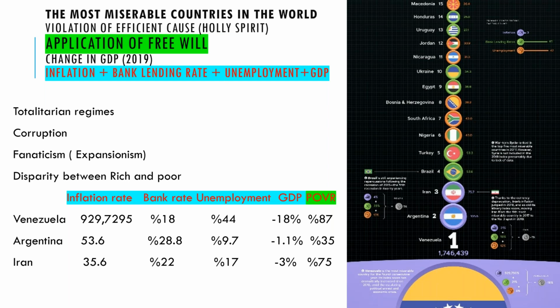Now you see the consequences of violating the Holy Spirit, violating the efficient cause. Iran is, I believe, the 4th largest exporter of oil, and in the demise that they're in, it relates to the same problems. Expansionism. They want to force their ideas, which is Shiism, on the entire world.